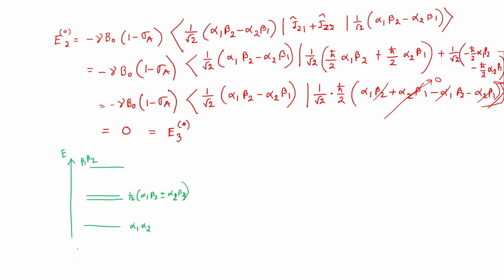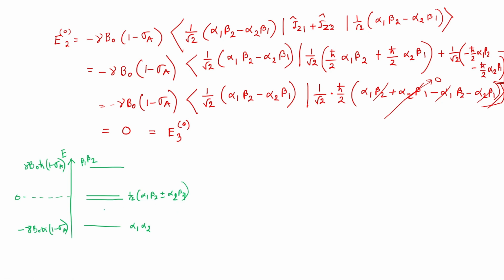Okay, so this is the energy. How does it look like? So actually this is at almost zero energy, as you can see, right? Zero. And this is at minus gamma b naught h cross 1 minus sigma a, and I think this is at gamma b naught h cross 1 minus sigma a.